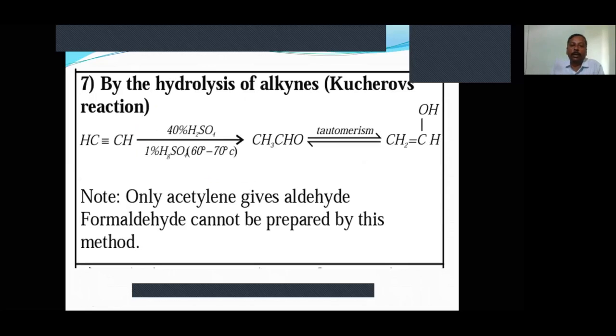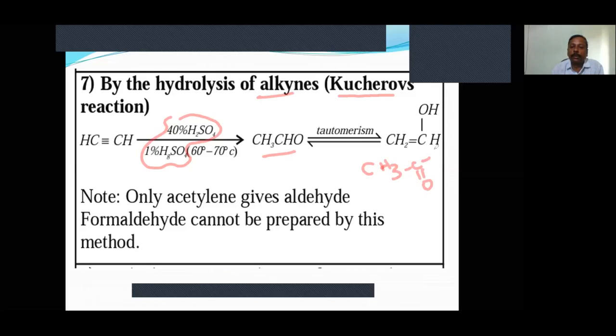Then the hydrolysis of alkynes. It is also called Kucherov reaction. And here very simple, H2SO4 or 40% H2SO4. First it will form aldehyde. Sometimes it may undergo tautomerism. Tautomerism is just migration.